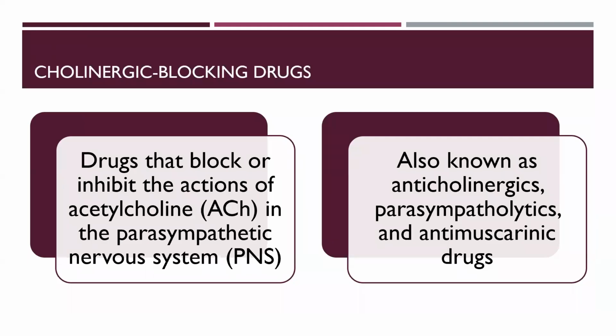Okay. So cholinergic blocking drugs are drugs that block or inhibit the actions of the acetylcholine in the parasympathetic nervous system. They're also known as anticholinergic, parasympatholytic, and anti-muscarinic drugs.